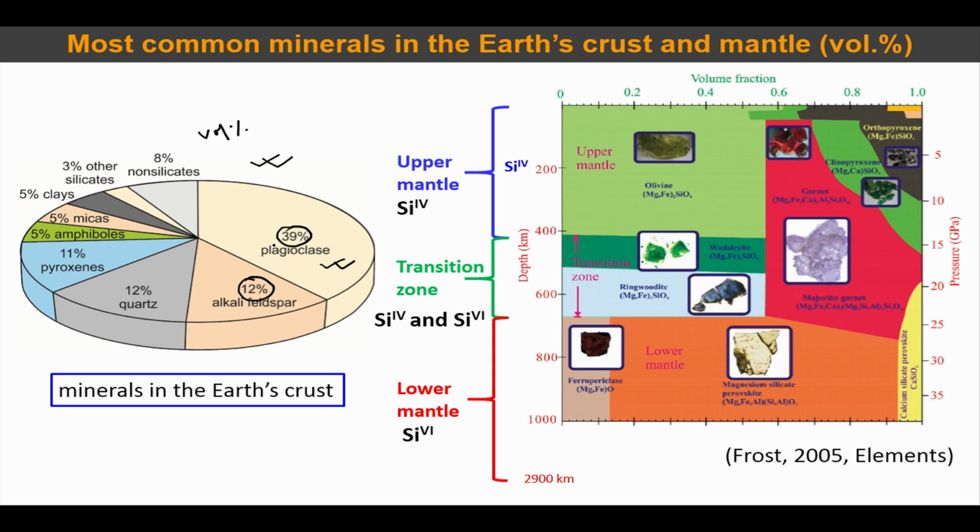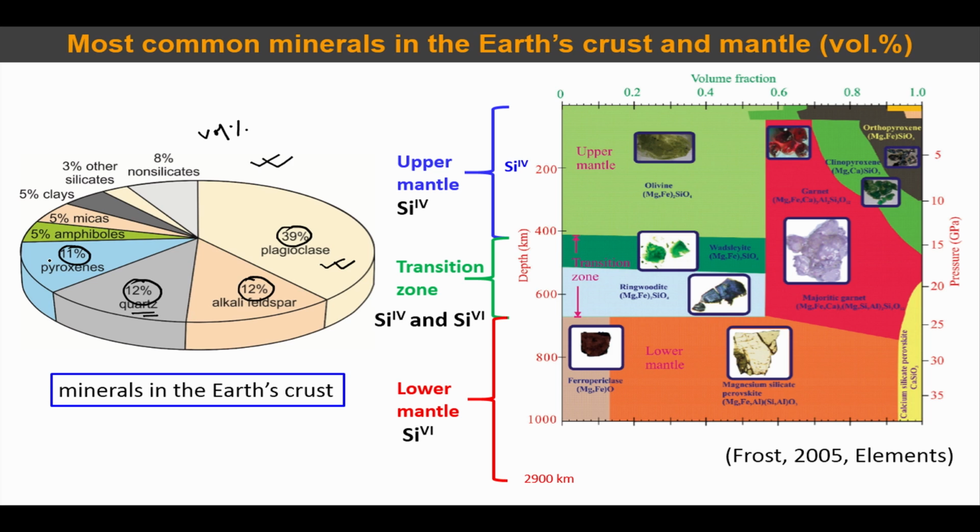The third most abundant mineral in the earth crust is quartz, at almost 12 weight percent, and the fourth most abundant is pyroxene, that is orthopyroxene and clinopyroxene combined, at almost 11%. These minerals are mostly made up of silicon, aluminum, calcium and magnesium.